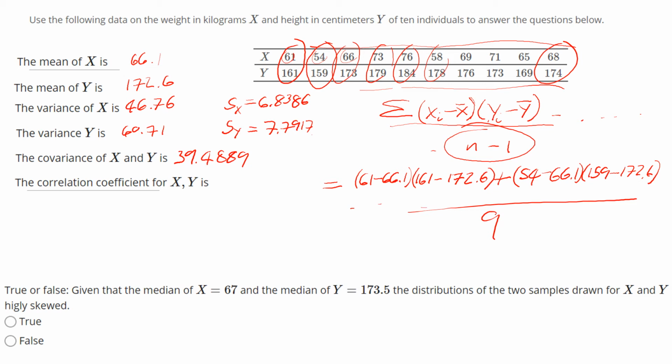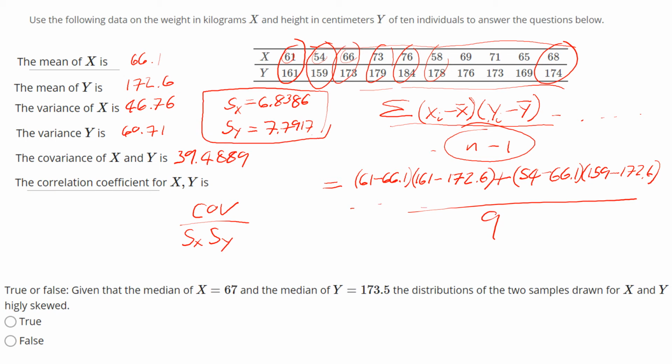And then the final question asks us to calculate the correlation coefficient. And of course, the definition for that is simply the covariance divided by the product of the standard deviations of x and y respectively, which we've already calculated over here.